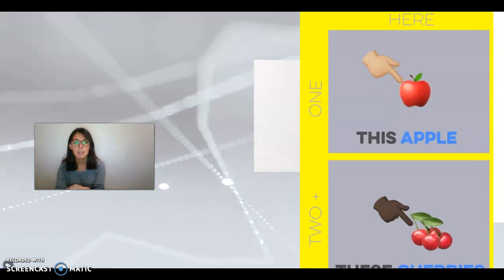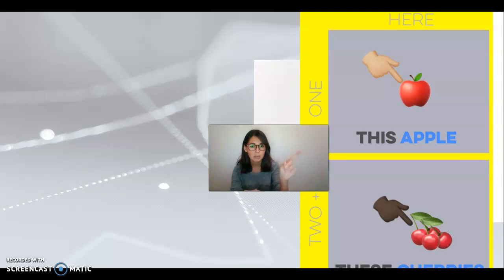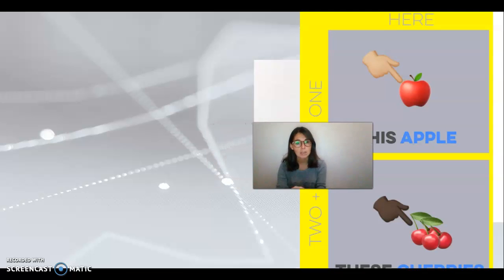In the case of these and those, we're going to start with this. If I get very close to something, I'm very close to that apple, I'm going to use this, right? So this apple that is exactly next to me, right? And these cherries, because it's a plural, there are many, right? There are more than one. So if it's singular, this. If it's plural, these.